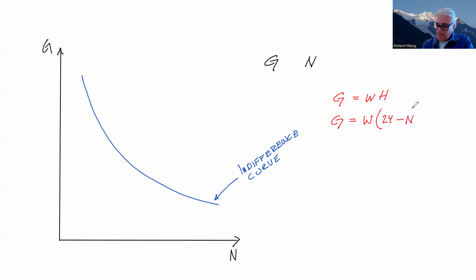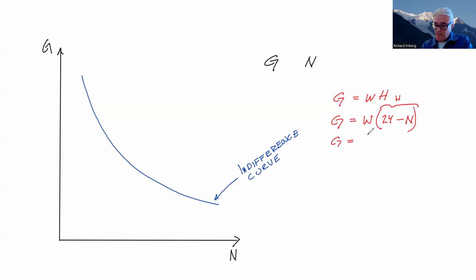So the amount of goods you can purchase depends on how much you're working, and work is whatever maximum amount of time that you have available minus the time that you spend in leisure.